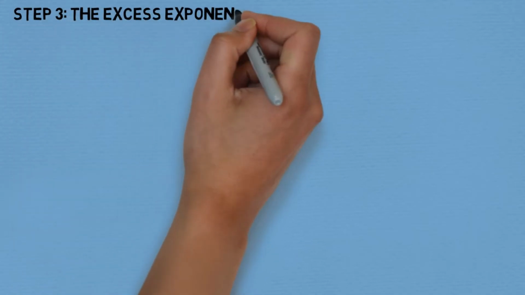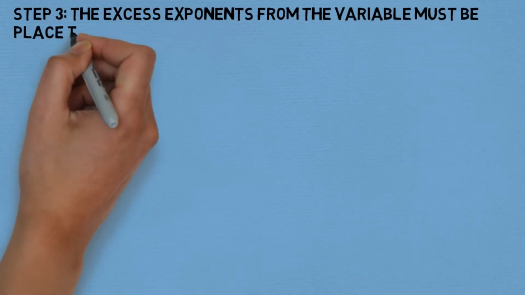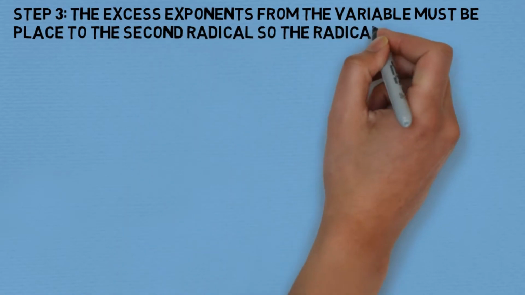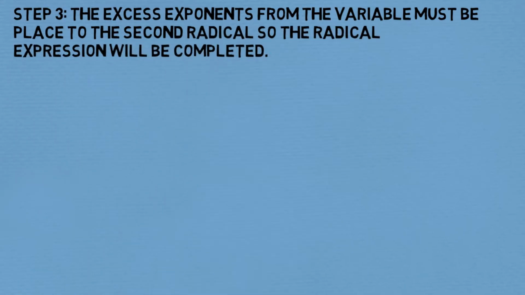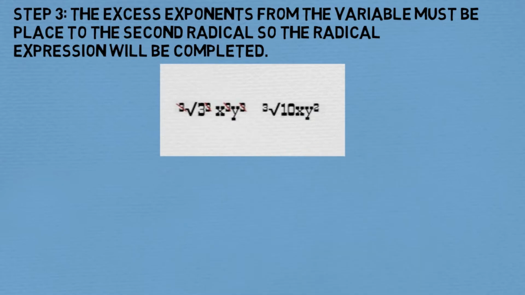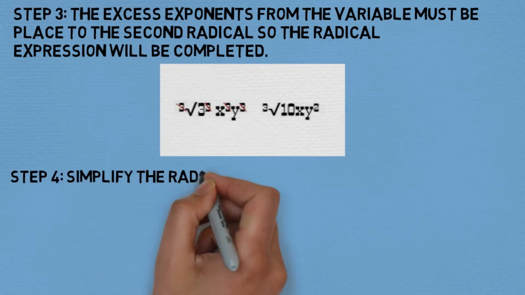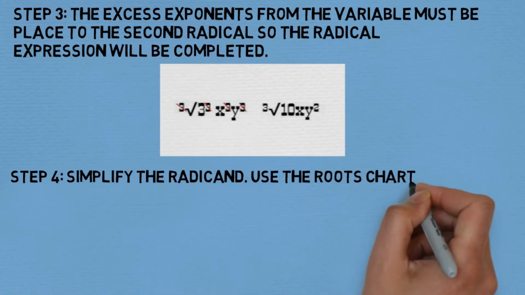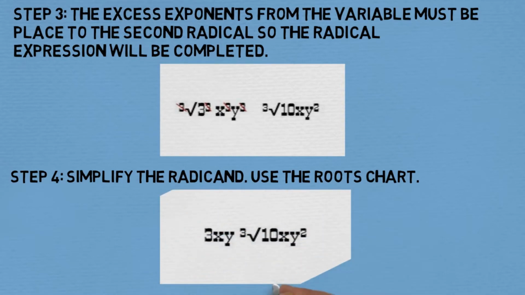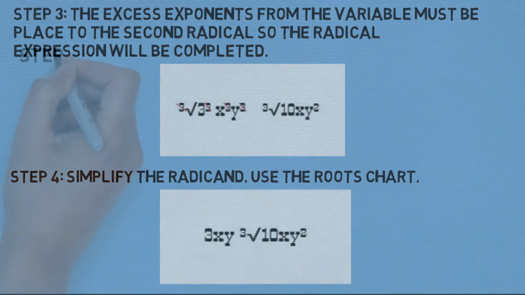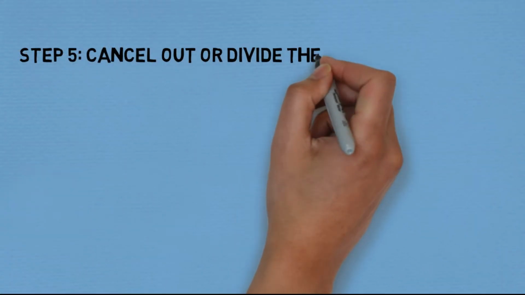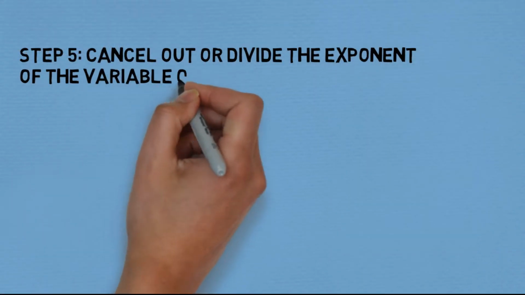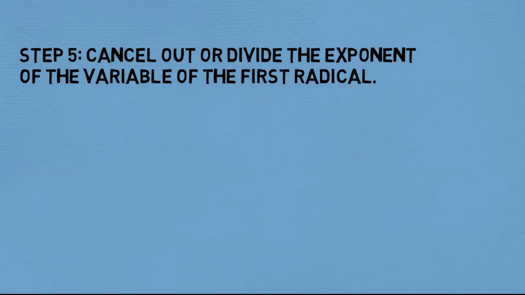Step 3. The excess exponent from the variable must be placed to the second radical so the radical expression will be completed. Step 4. Simplify the radicand. Use the root chart. Step 5. Cancel out or divide the exponent of the variable of the first radical.